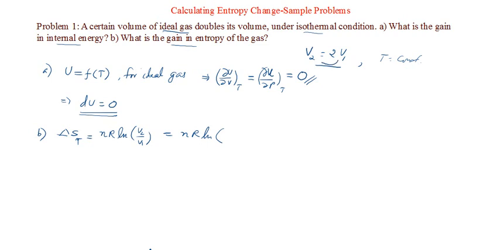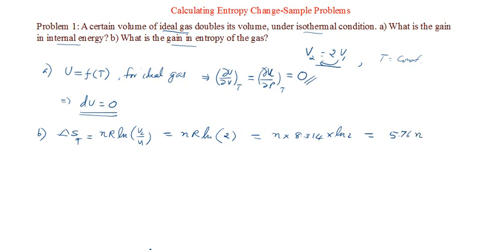You can see from this data V2/V1 is equal to 2, so nR ln 2. You can substitute R as 8.314 in SI units, 8.314 into ln 2, which you can calculate, and you will get the answer as 5.76 n.